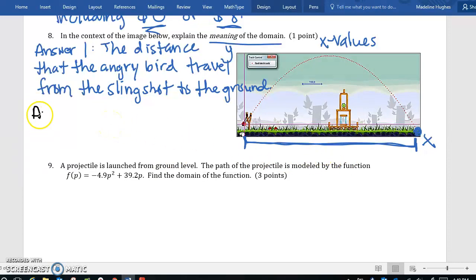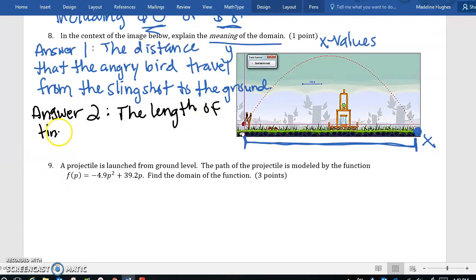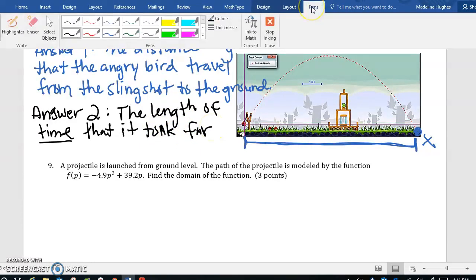So another answer, answer 2, is the length of time, my keyword there is time, that it took for the Angry Bird to hit the ground.